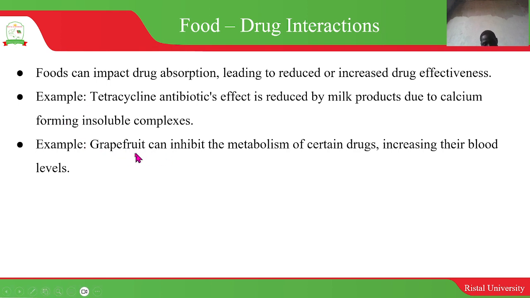This is one of the biochemical constituents found in grapefruit that inhibits metabolism of certain drugs, thereby increasing their blood levels. So you need to check which particular drugs interact with naringin, so that if this person is taking such a drug, at least if we are giving juice, it shouldn't be the grapefruit one. Maybe it should be something else that does not have naringin, which will never interfere with the metabolism of this particular drug.